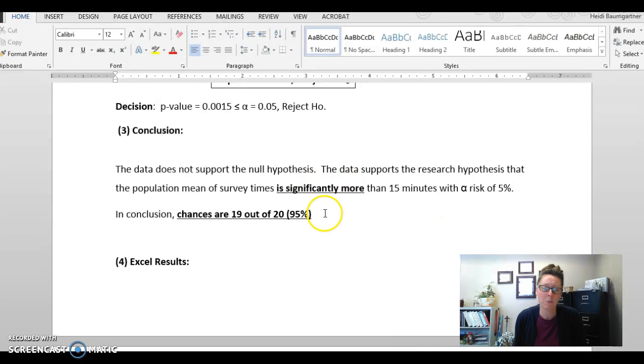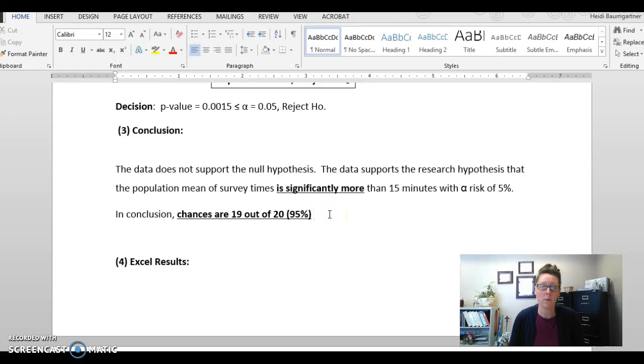And we want to explain what that means. So in conclusions, chances are 19 out of 20, which is 95%. Again, we're getting this 95% because it is the inverse of the 5%. So 5% is the risk. We're 95% confident. Between the two of them, there's 100%.